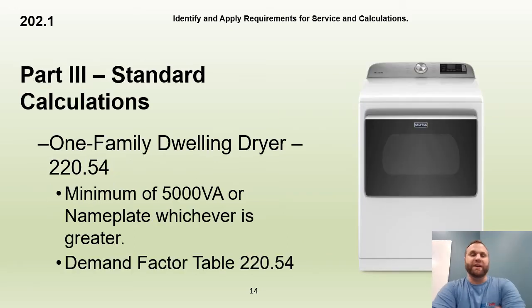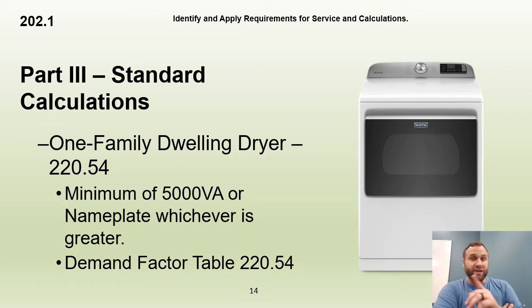Now on to step 3, the electric clothes dryer. According to 220.54, no matter what the nameplate value is, if it's below 5,000 VA, you're going to be including in your service calculation a minimum of 5,000 VA. So if I have an electric clothes dryer and its nameplate says it's only rated up to 4,000 VA, doesn't matter. I'm going to include a calculation of 5,000 VA at a bare minimum.